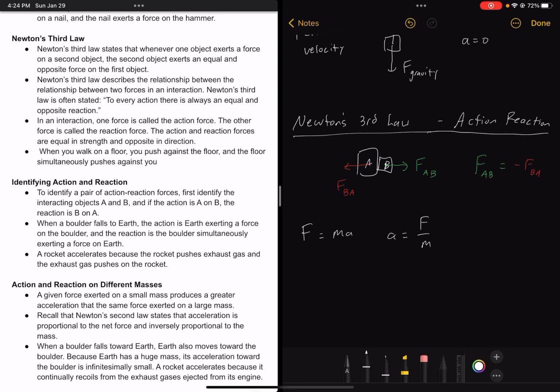Say it has a mass of 1 gram. So then its acceleration is going to be like 1,000 meters per second squared. So it's practically going to explode, right? It's going to go splat. Whereas 1 Newton acting on a car is like nothing, right? Because a car has a lot of mass. So 1 Newton divided by 1,000 kilograms, that's hardly any acceleration. It's essentially 0.